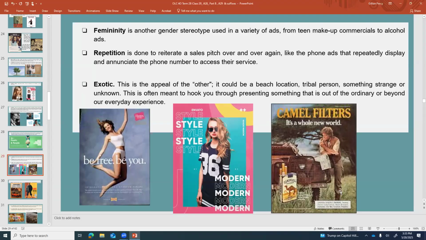And then they've got a guy in the background leaning on kind of a rusty old Jeep. Looks like he's exploring somewhere. I don't know if it's Australia or Africa or whatever. Like this is the cigarette that adventurers or explorers use, or smoking this is like being in another country or something, right?